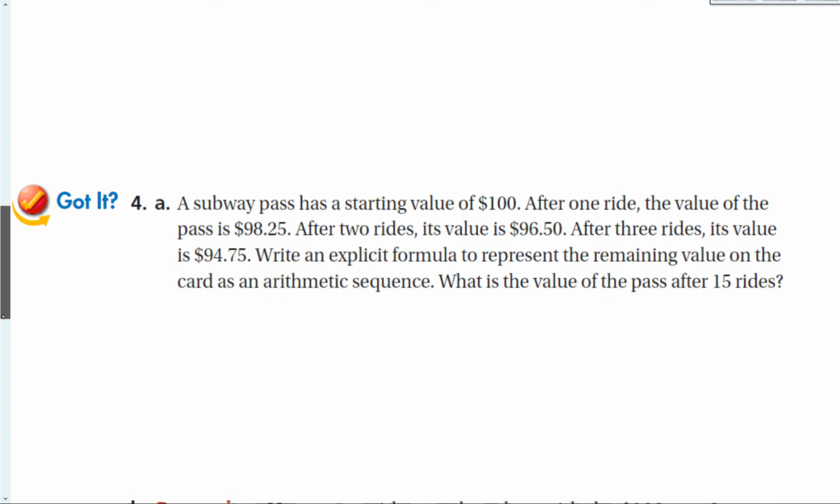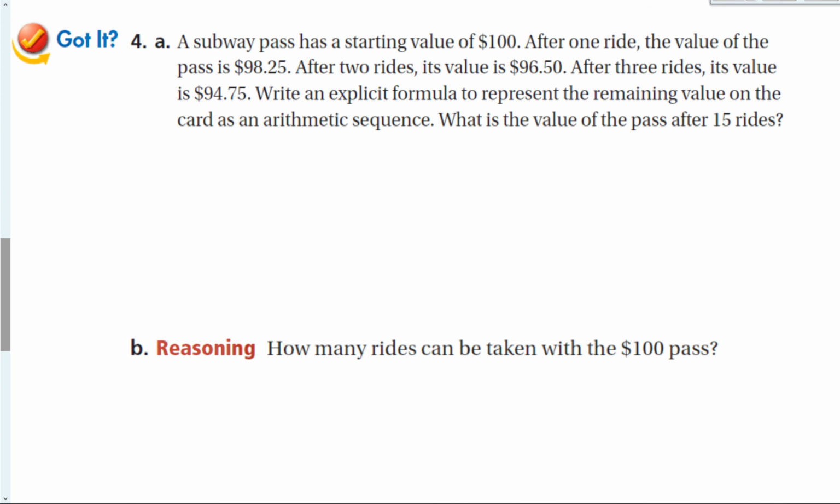So let's try a got it problem. Subway Pass has a starting value of $100. After one ride, the value of the pass is $98.25, two rides $96.50, three rides $94.75. So let's just double check that this is an arithmetic sequence. The first one is worth $100.